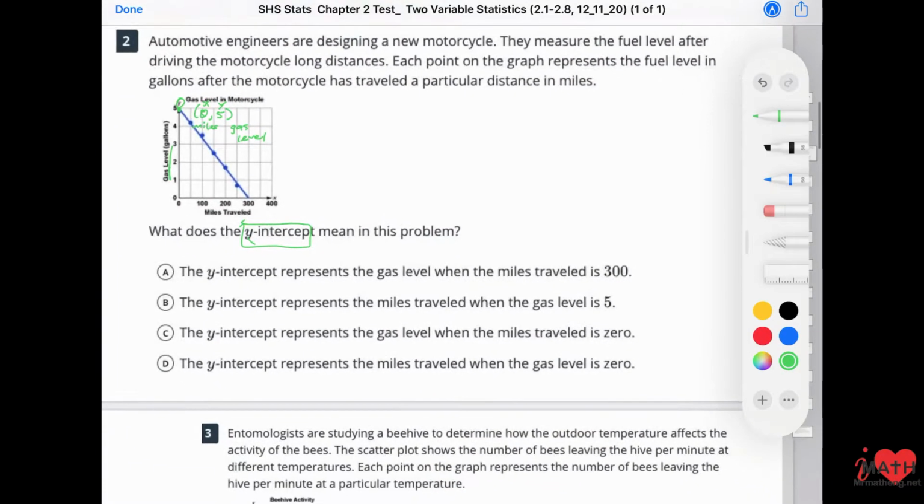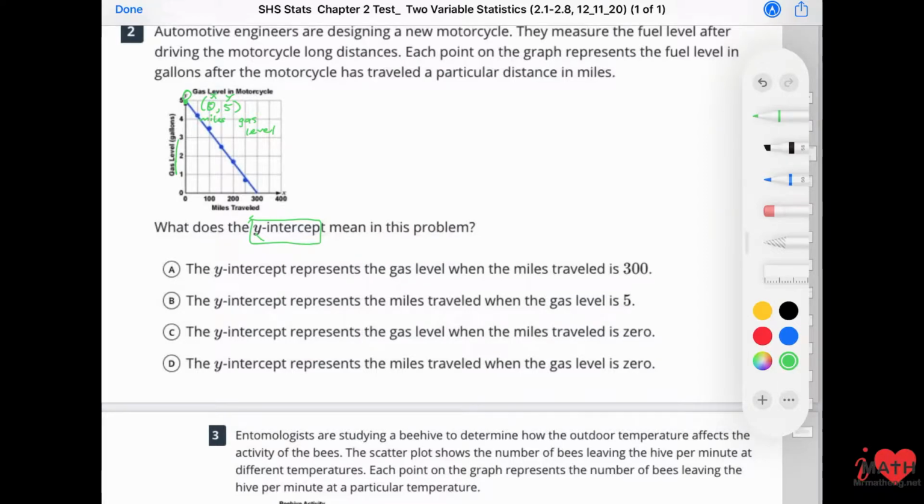So which one is that? The y-intercept measures the miles traveled when the gas level is 5. That is choice C, because our gas level is 5, and then the miles traveled, x, would be 0.